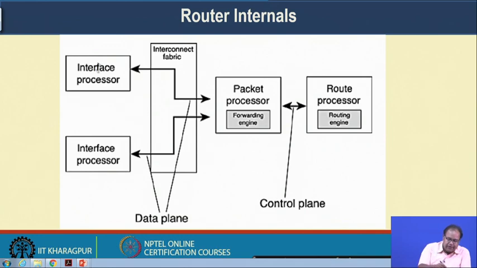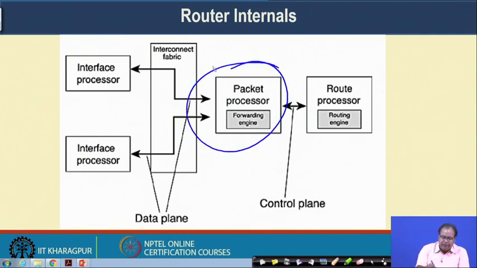You have these interface processors connected to a packet processor. The packet processor contains the forwarding engine to match with the routing table and find the next hop. This part is implemented in TCAM in the hardware.